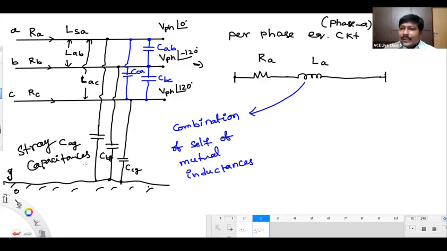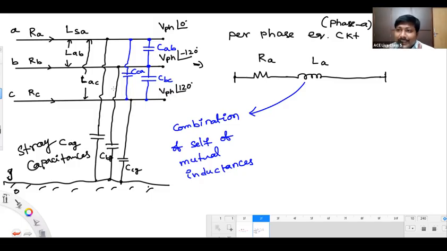These are dominating capacitances. Now, by neglecting those stray capacitances, we are going to consider only these capacitances, CAB, CBC, CCA, and we are going to take up the per phase capacitance, whatever we are going to get.